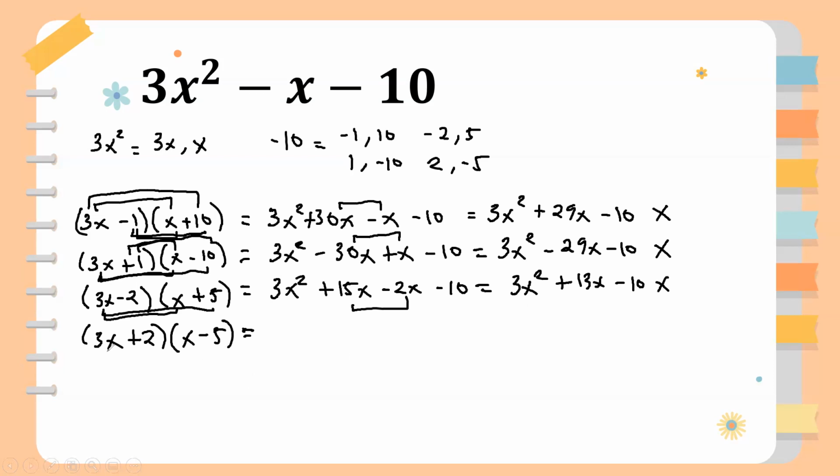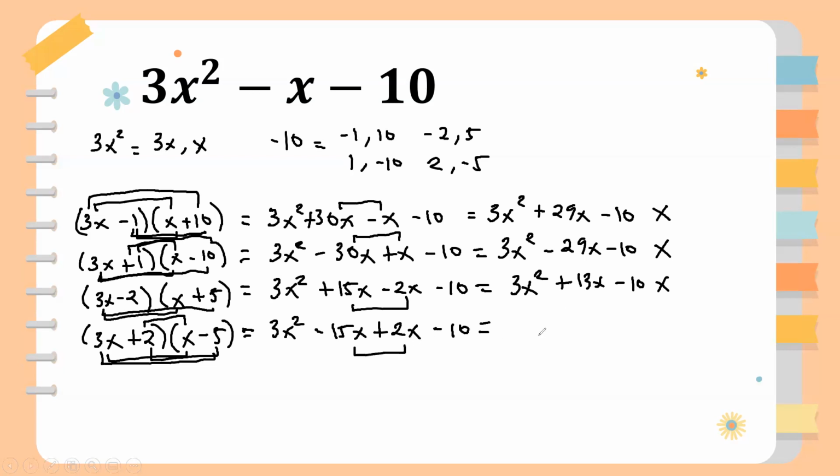And then 3x times x, 3x squared, outer term 3x times negative 5, that is equal to negative 15x. Positive 2 times x, that is equal to positive 2x, then 2 times negative 5, negative 10.